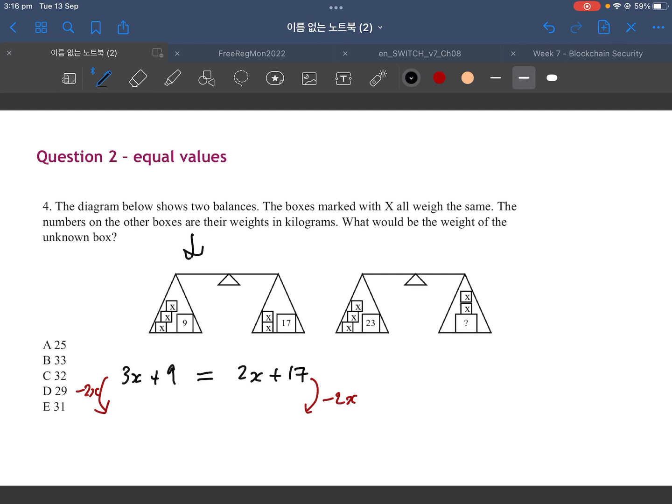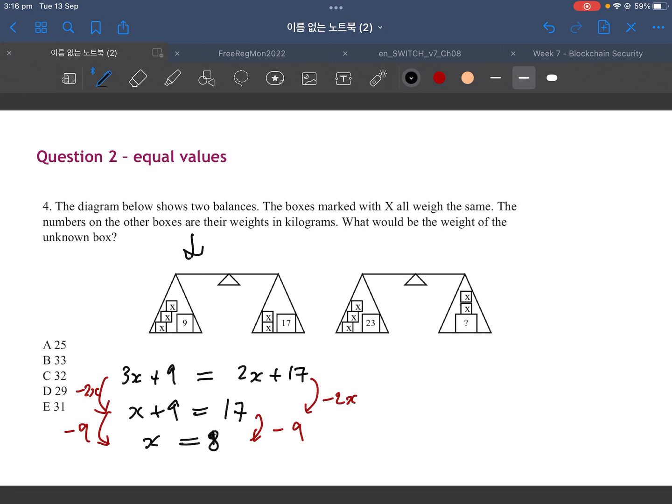You can do that, and I'll show you later. But anyways, if I minus 2x from 3x, I get x plus 9 equals 2x minus 2x is 0, so just 17. x is therefore equal to, I'm going to subtract 9 from both sides, and I get 8.